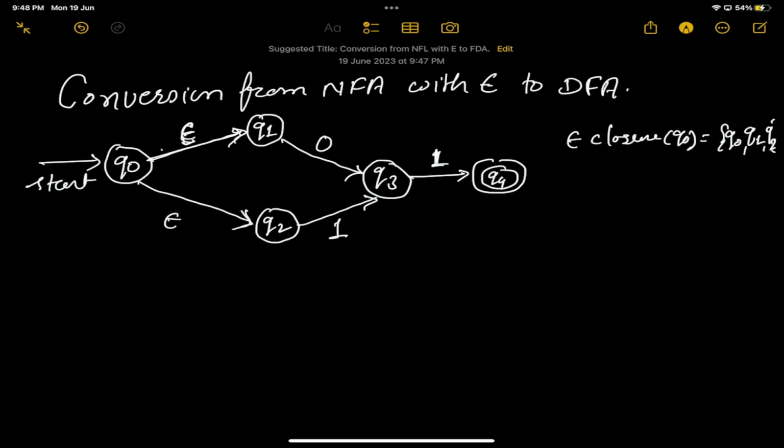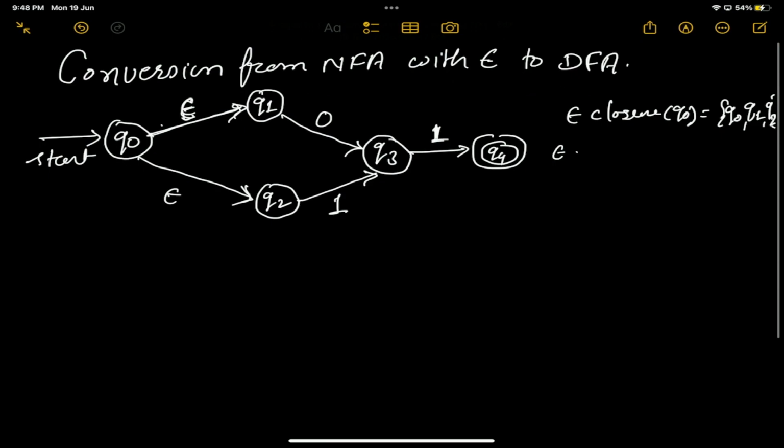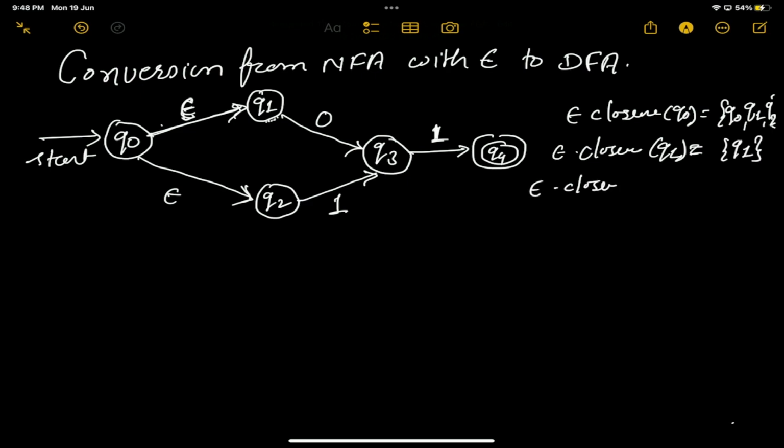The next one is epsilon closure of state Q1. There are no transitions from Q1 with epsilon moves, so it is Q1 itself. Second, epsilon closure of state Q2: again there are no transitions with epsilon, so it is Q2 itself.